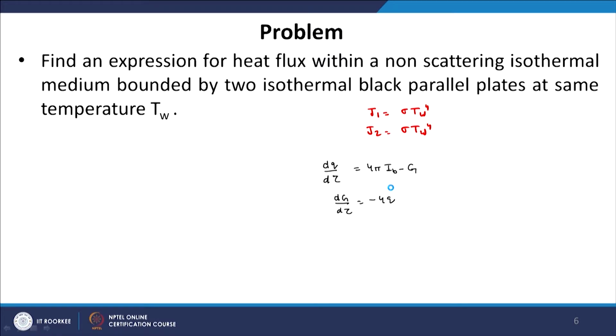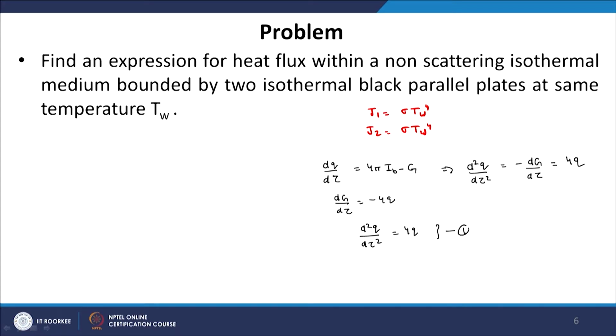To solve this system of ordinary differential equations, we differentiate the first equation with respect to tau. So, we get d square q by d tau square is equal to, now I b is constant, this is an isothermal medium, so the derivative of the first term will be 0, and this will be equal to minus dG by d tau, which is simply 4 times q. Okay. So, our equation becomes d square q by d tau square is equal to 4 q.